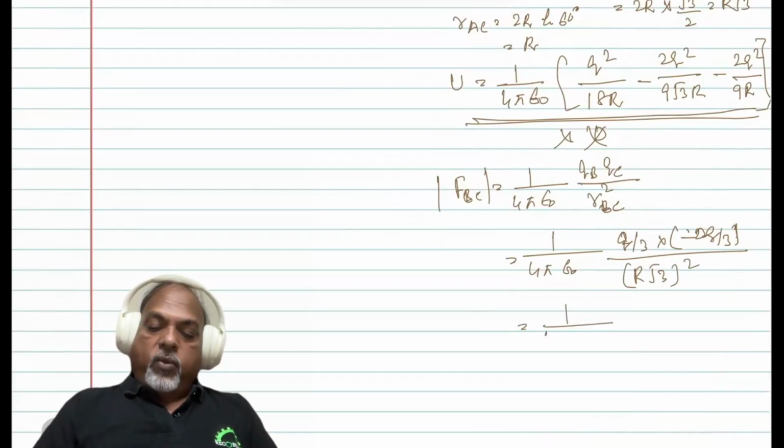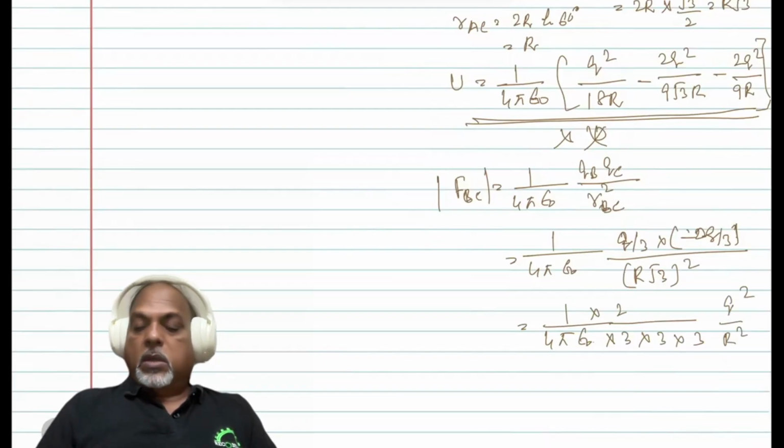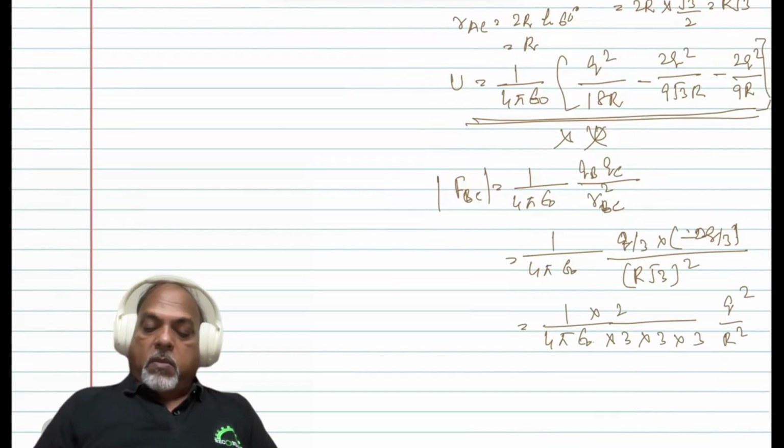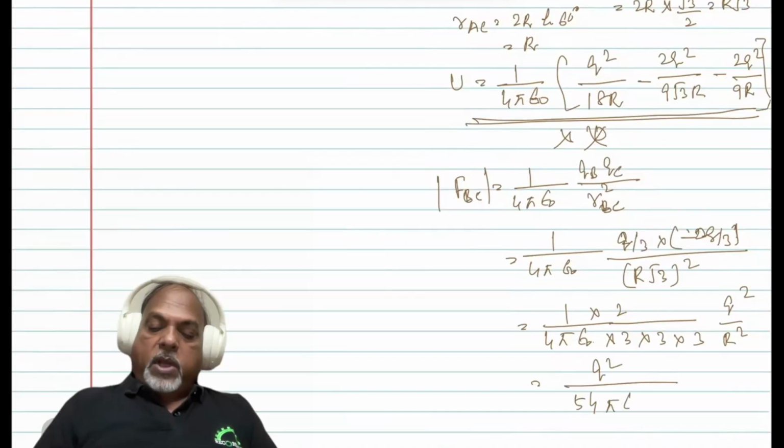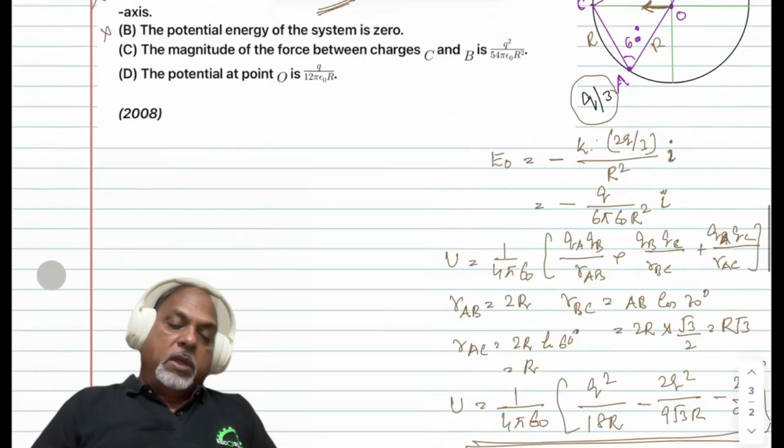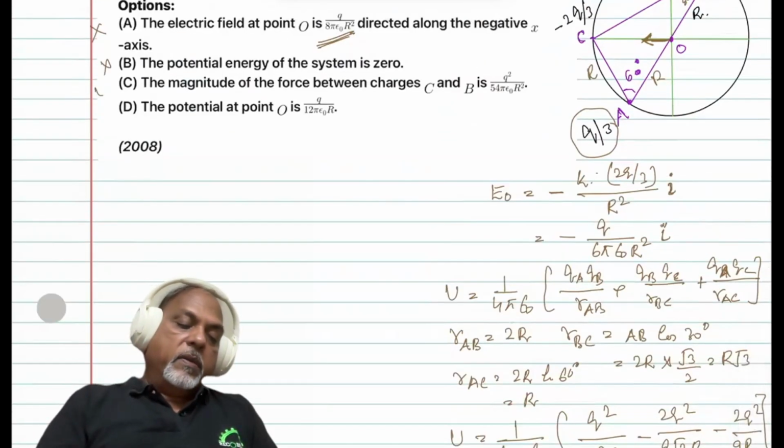That means 1 by 4 pi epsilon 0 into 2Q square upon 3 into 3 into 3 R square, which comes around Q square upon 54 pi epsilon 0 R square. This is correct.